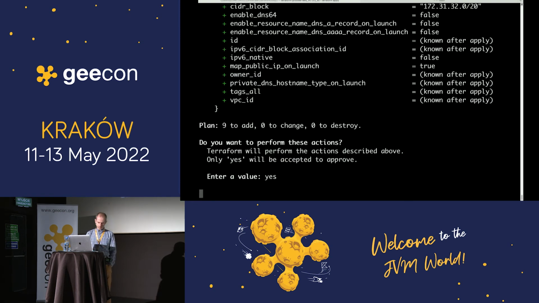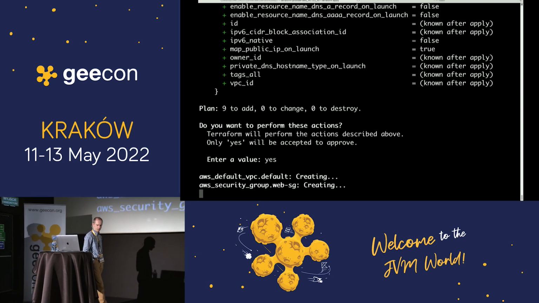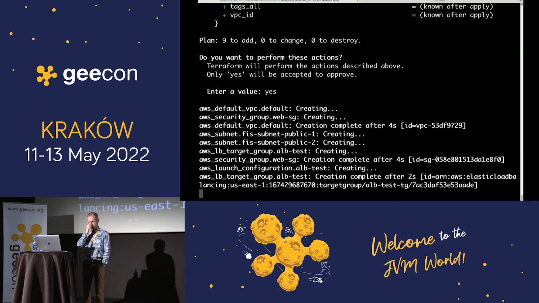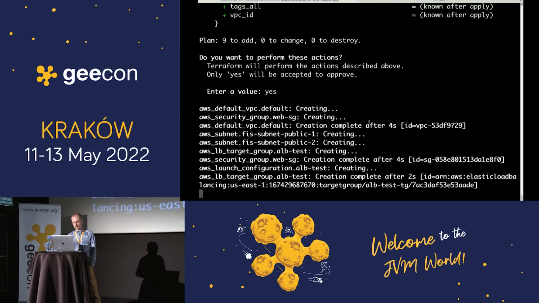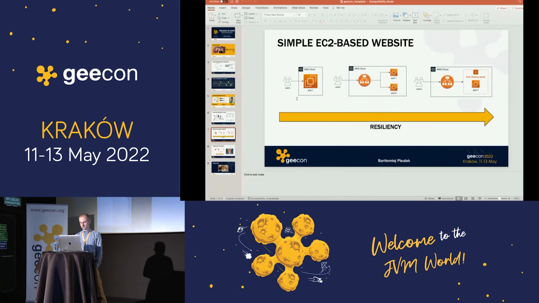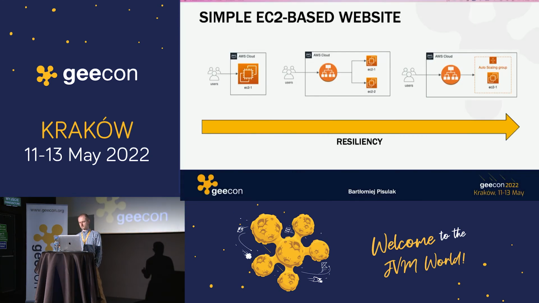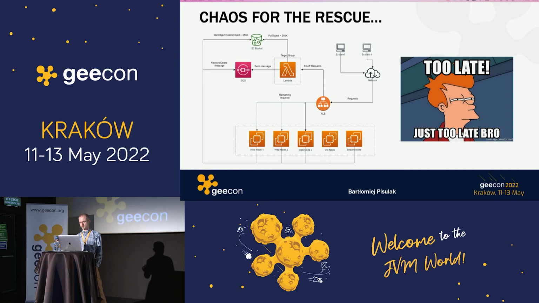Yesterday when I was trying it, it was like about 3 minutes, especially creating ALB, load balancer. It was taking a while. So let's give it some time. And in the meantime, as I mentioned previously, I'm going to jump to the last slide that I have that is having some content.